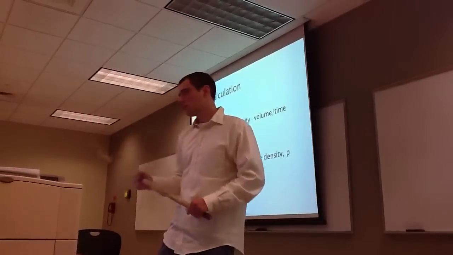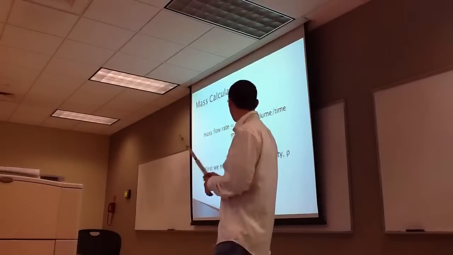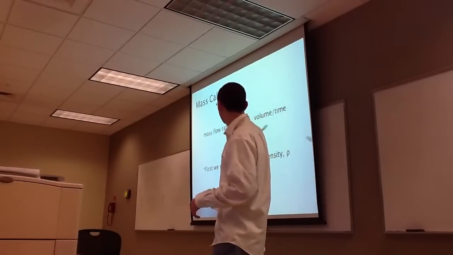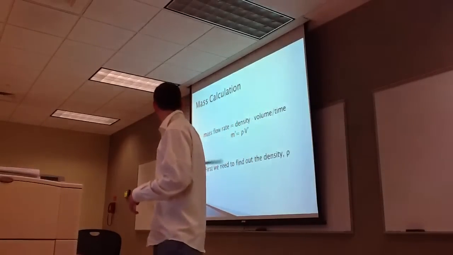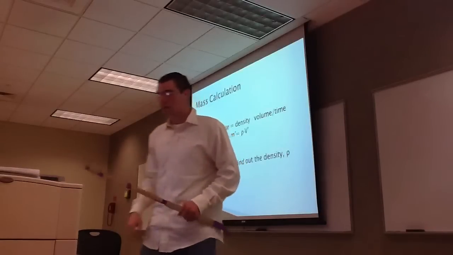So the mass flow rate is found by density times the volumetric flow rate. First we're going to find out what the density is.